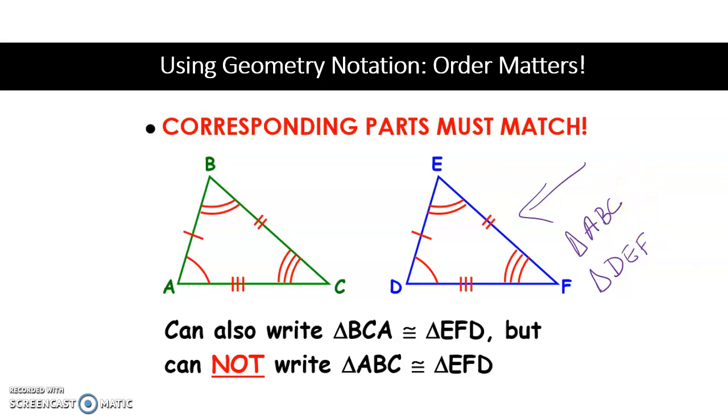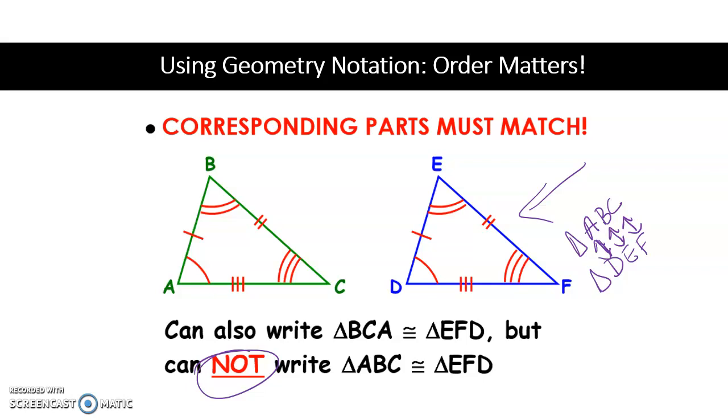We could also write it as triangle BCA is congruent to EFD, or CAB is congruent to FDE, as long as your corresponding angles are matching up to one another. However, we cannot write that triangle ABC is congruent to triangle EFD.